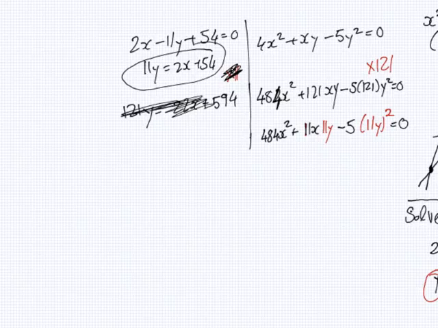Yeah, the 121. Well, you have to look at what you have here and what you need. So, for example, at the very start, I can see I have 11y here. Do I have 11y here? No. So you might think, oh, I'll multiply by 11. But will that make 11y squared here?